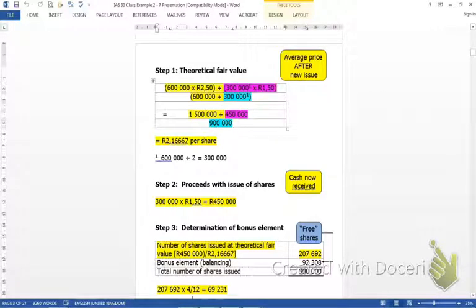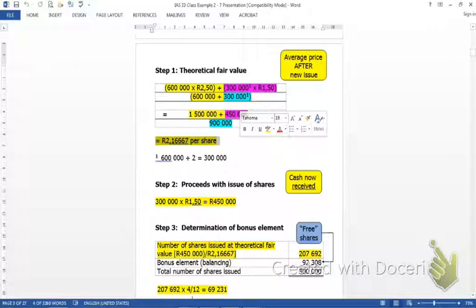And now if you go down below here, those two answers are 1.5 million plus 450,000. This is divided by the old number of shares plus the new number of shares issued, which then gives you 900,000 shares in issue after we've issued the bonus. Now this will give us the theoretical fair value, which in this specific case is a 0.1667 per share.